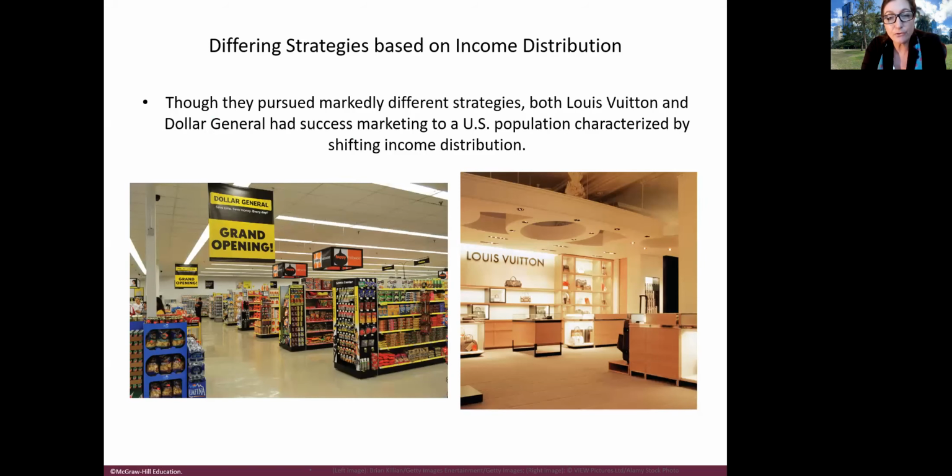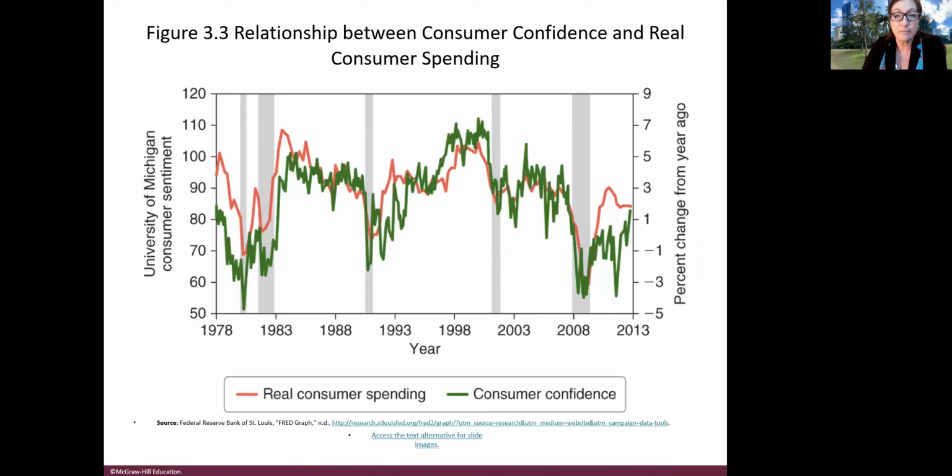So the Dollar General brand is deliberately targeting the low income consumer segment with off-brand and budget-oriented products, whereas Louis Vuitton is targeting the more affluent consumer segment with a premium product, a designer label.